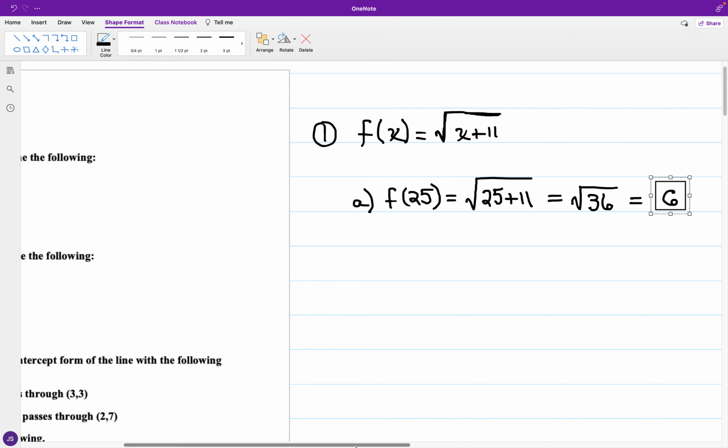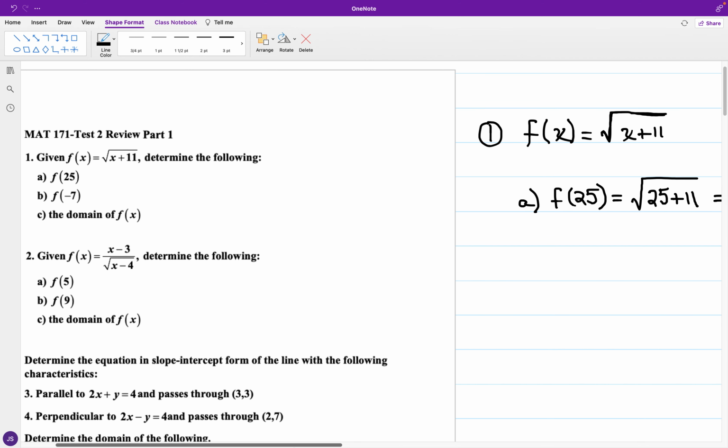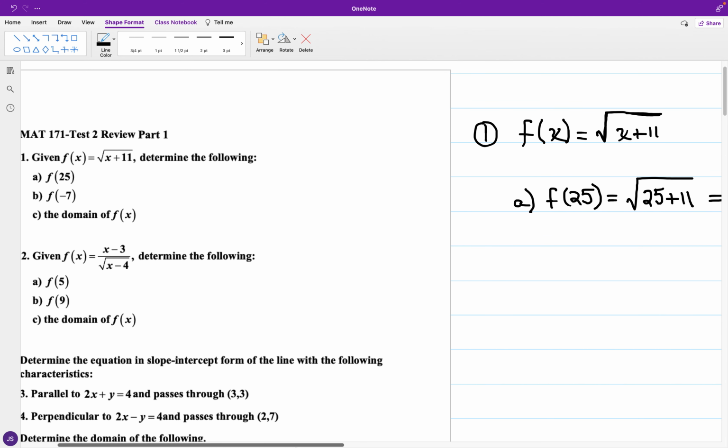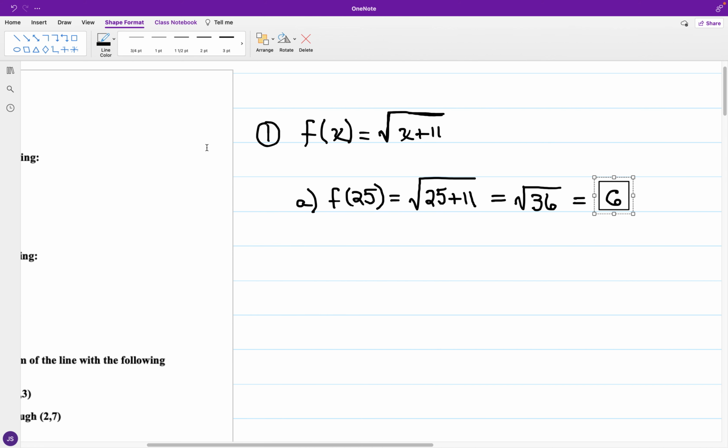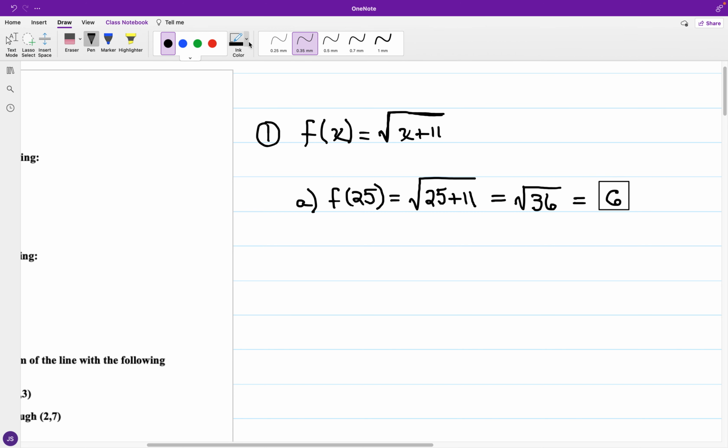With the next input value in part B, we're looking at the value of the function whenever x is at negative 7. So f of negative 7 is equal to the square root of negative 7 plus 11.